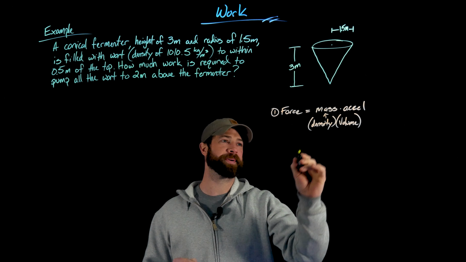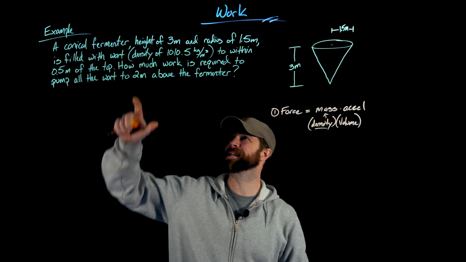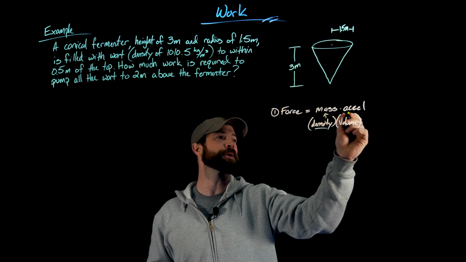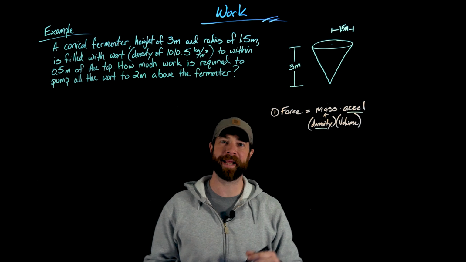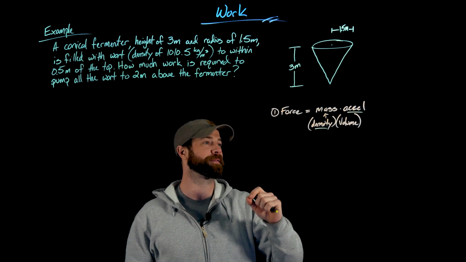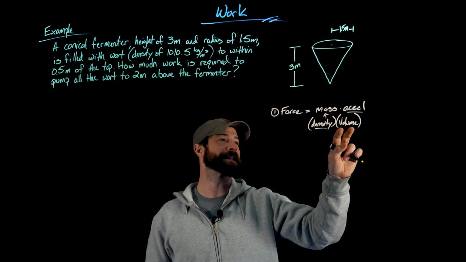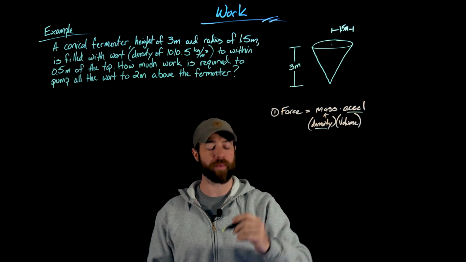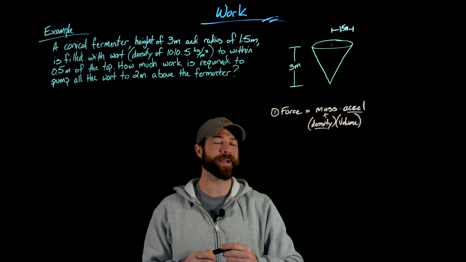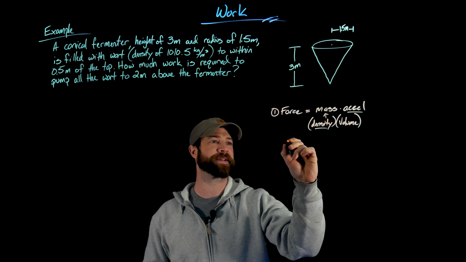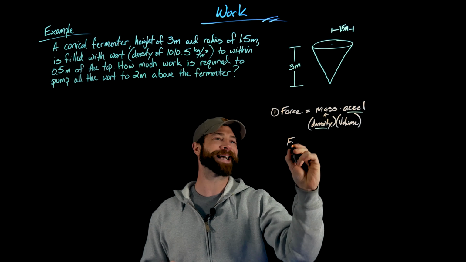So of these three pieces, the density has been given to me right here. Acceleration, I know, is the 9.8 meters per second squared of gravity. What I need to deal with is the volume, and specifically I'm creating a force equation as we've previously done for each of these ith intervals.